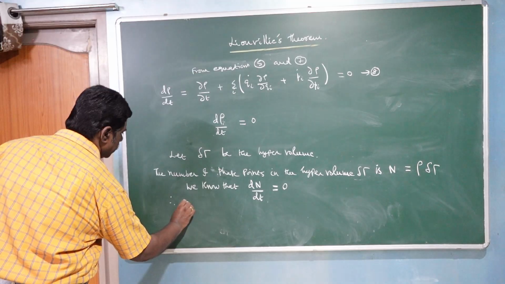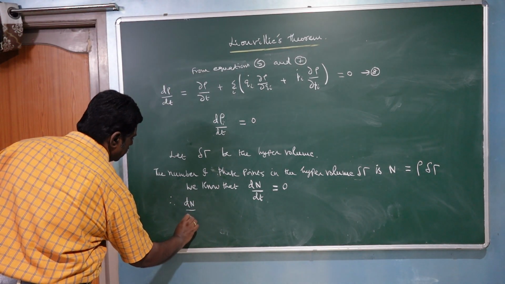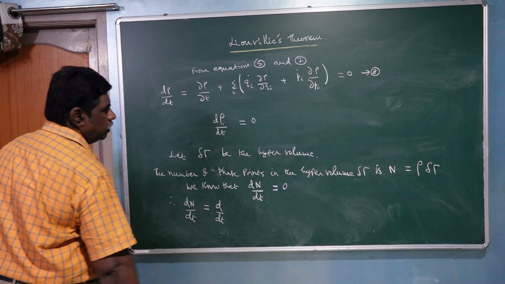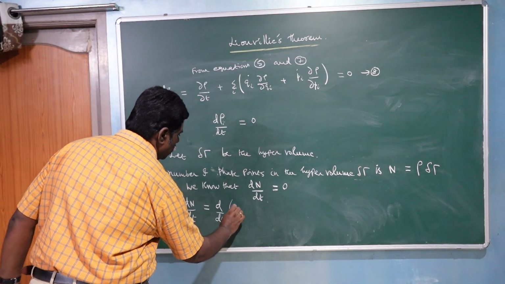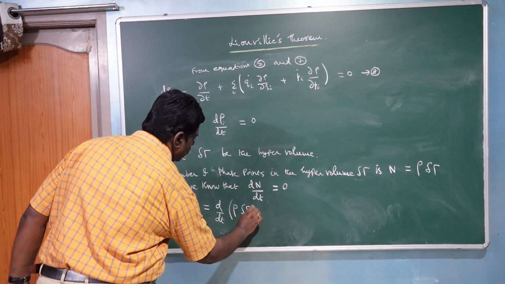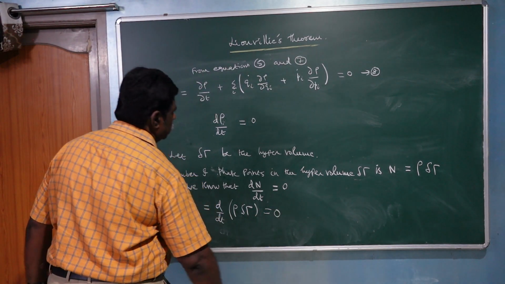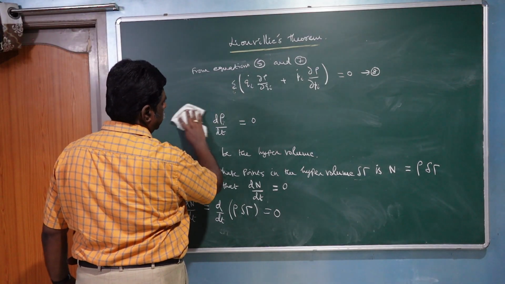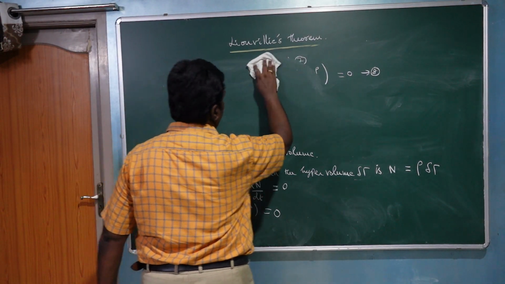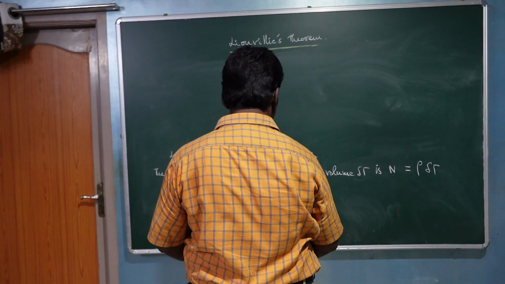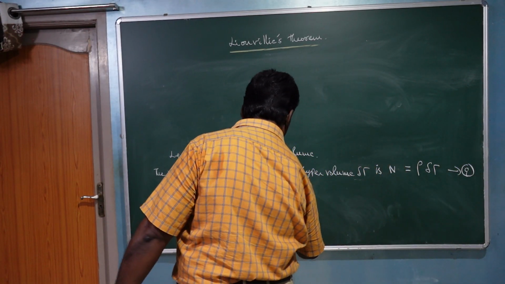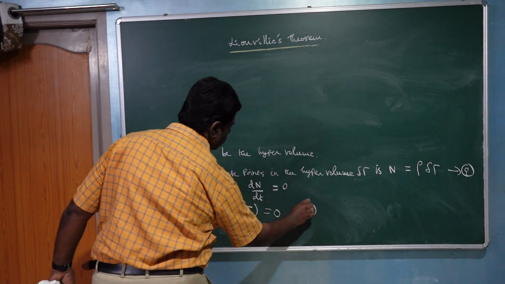Therefore, dn by dt, which is d by dt of the value of n, that is rho into delta gamma, is equal to 0. Say this is equation 9, this is equation 10.